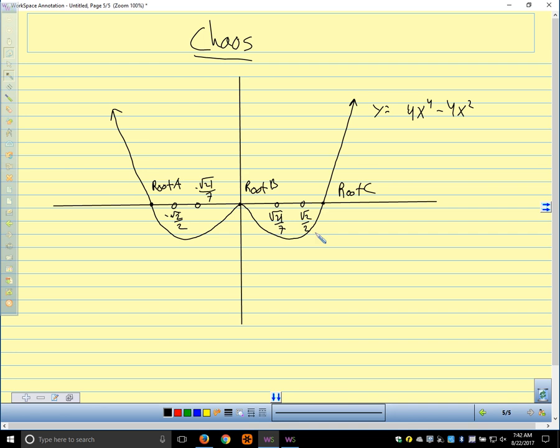In infinitely many subintervals between these two points, you can subdivide that interval into smaller intervals.